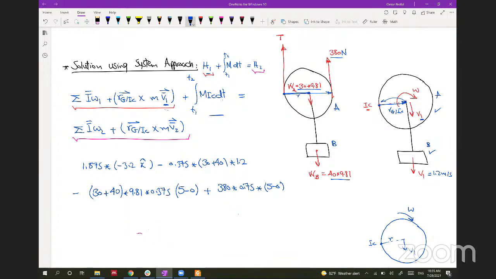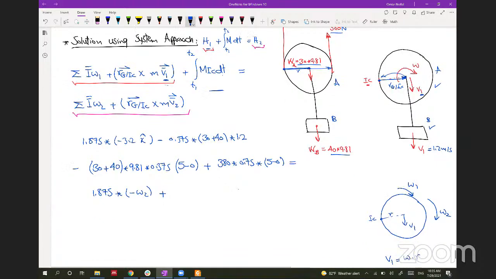All right, so this will be equal to I bar, which is 1.875, multiplied by omega 2, which I don't know. And I'll assume that omega 2 is in the same direction as omega 1, which will be negative. So negative omega 2 plus RG cross product with V2, and I will assume that V2 is in the same direction.